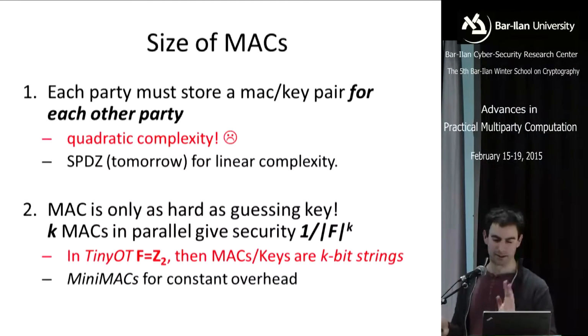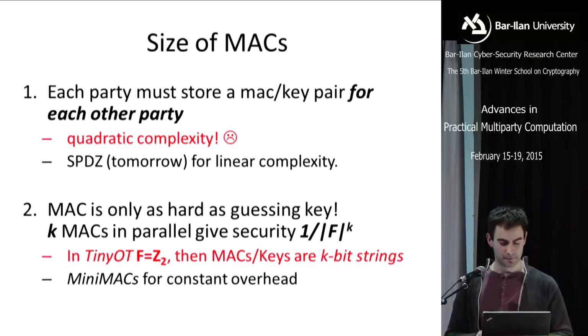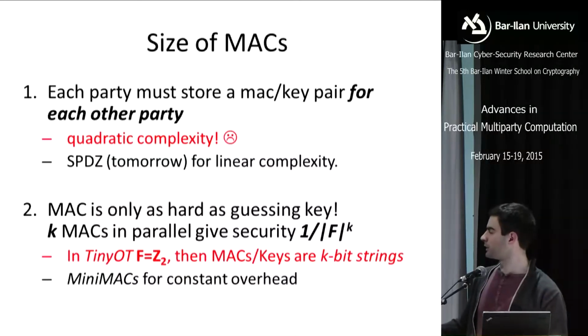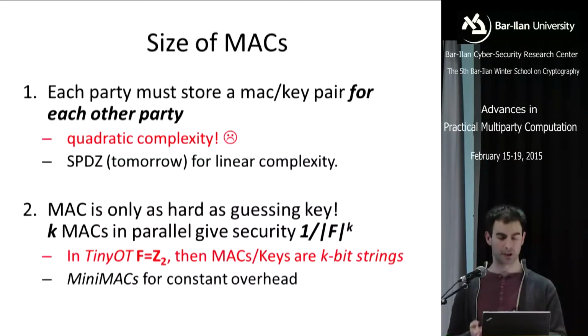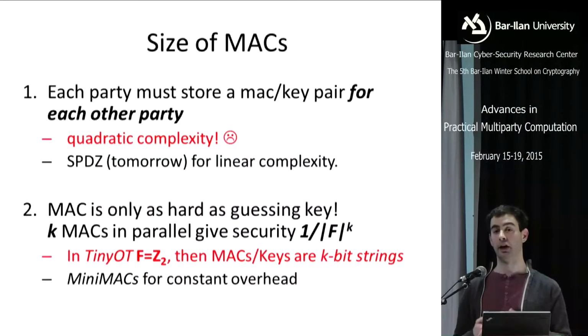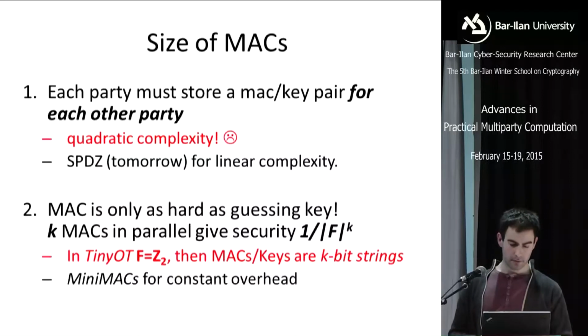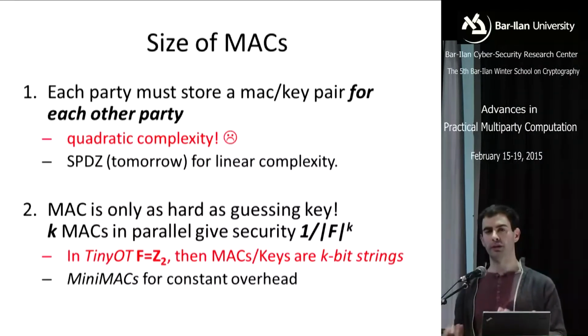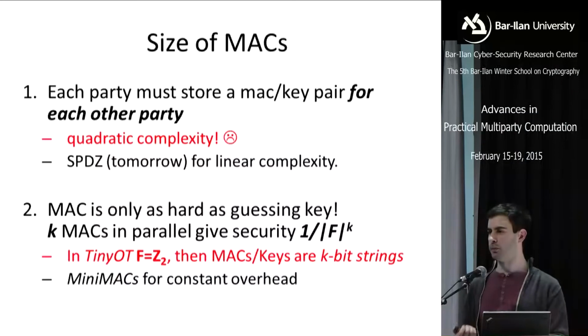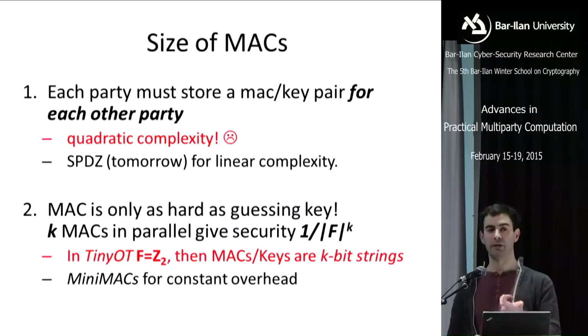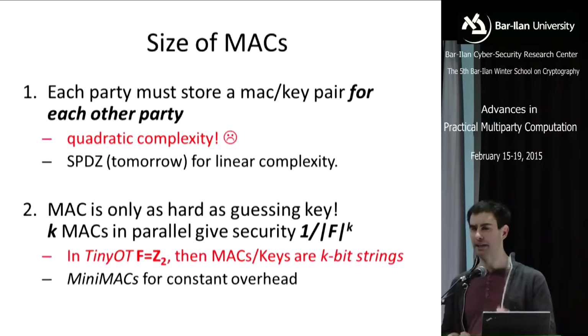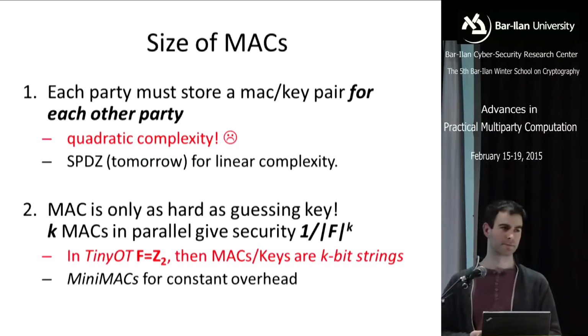Okay, let's move on to multiply. So the second part is, of course, that these MACs are only as secure as it is hard to guess the key. So if you're working on Boolean circuits, for instance, and you're doing MACs with bits, these are clearly not very secure MACs, because if the key is 1 bit, then with probability 50% the adversary can guess the right MAC, right?